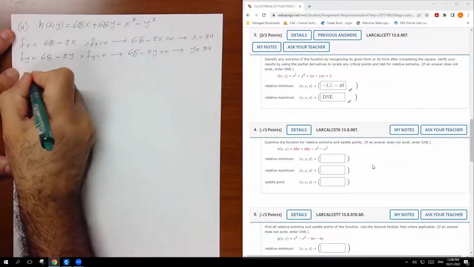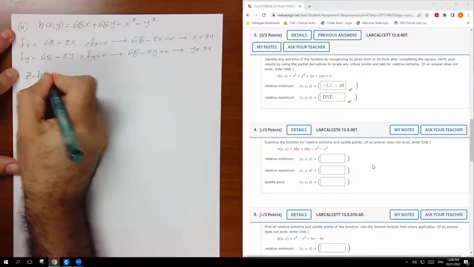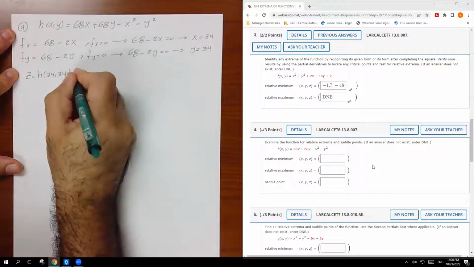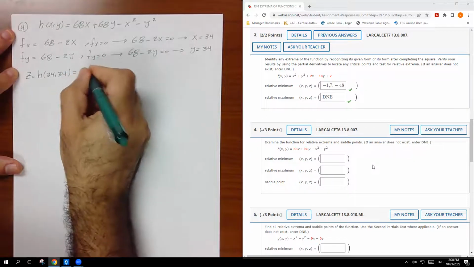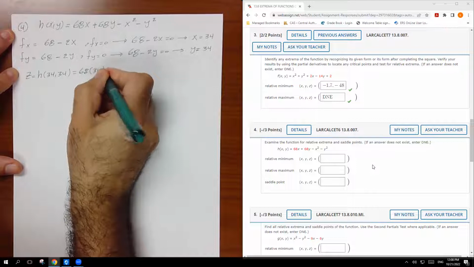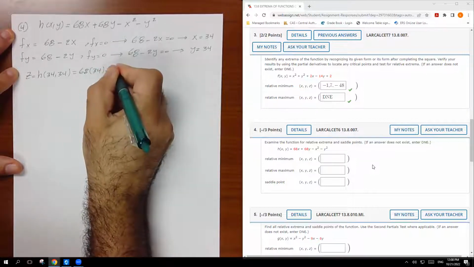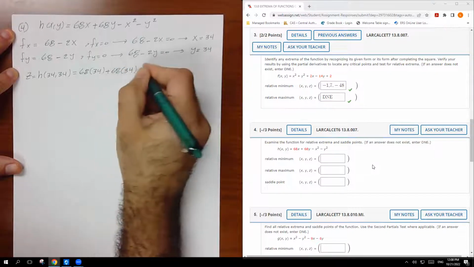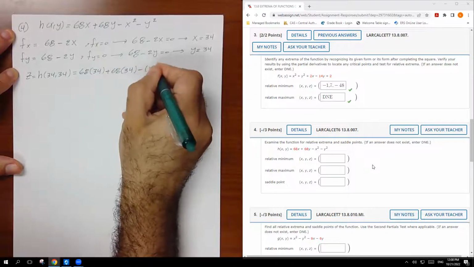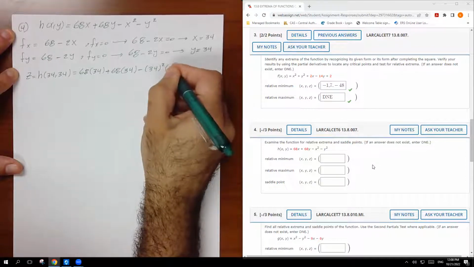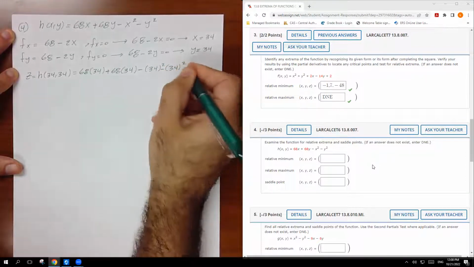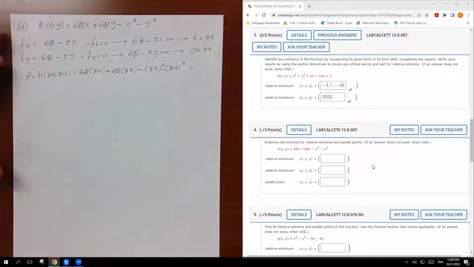Now let's find z right away by plugging these two values in. z is h of 34 and 34, which equals 68 times 34 plus 68 times 34 minus 34 squared minus 34 squared.